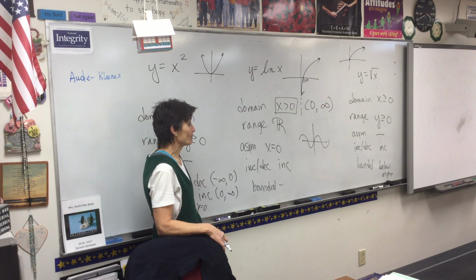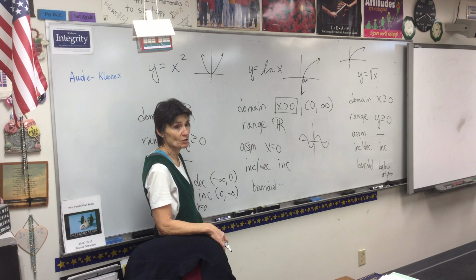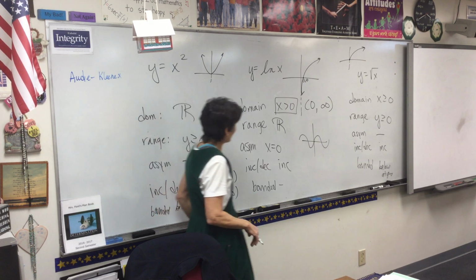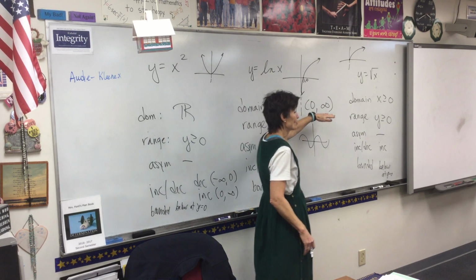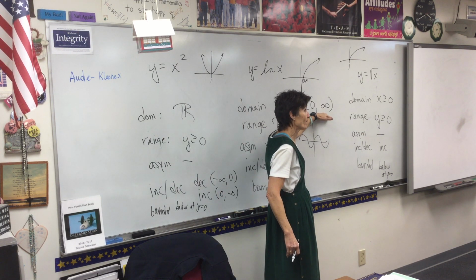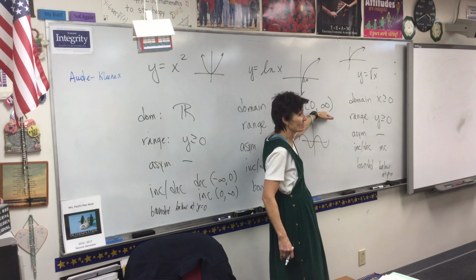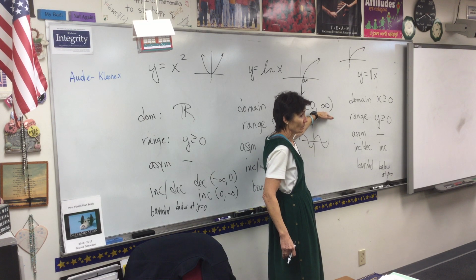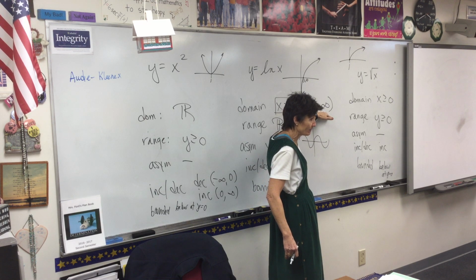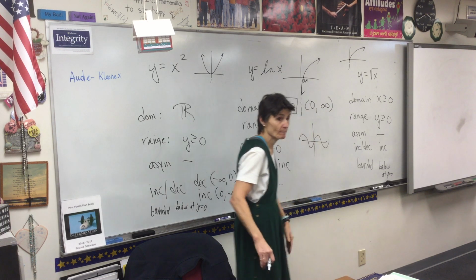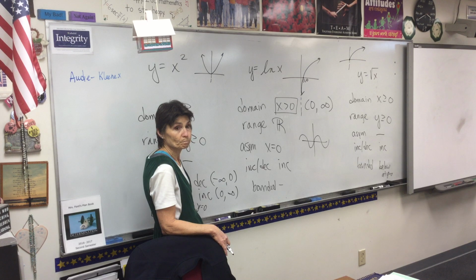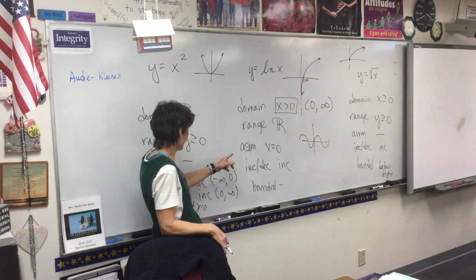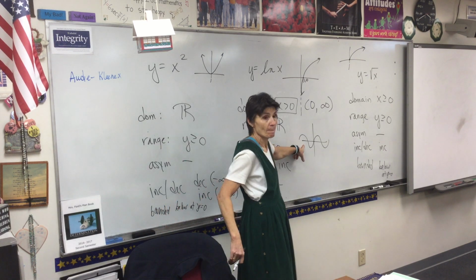And the honors and academic kids spend a lot more time with interval notation than we do. So I've been fine with x greater than 0, but those teachers want interval notation for everything, so they would express it this way. Okay, so pay attention to that. Interval notation. What's one of them that would be bounded above and below? Sine curve.